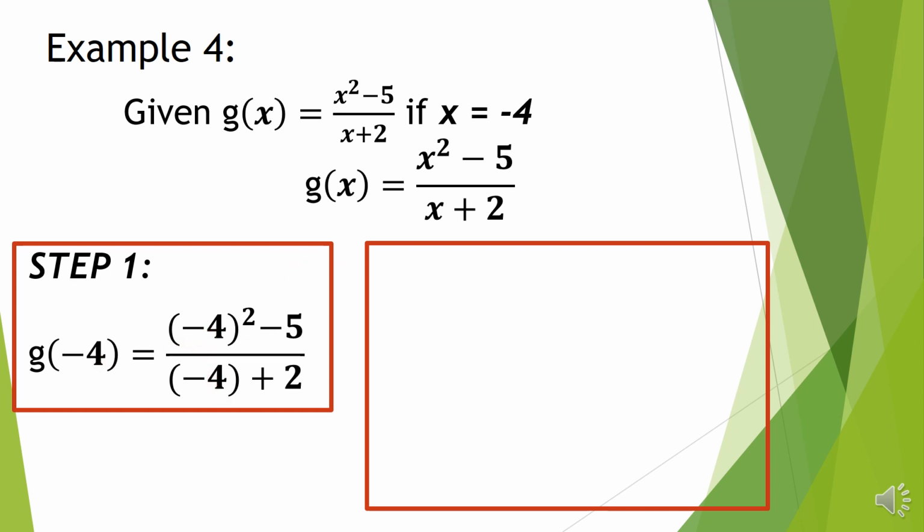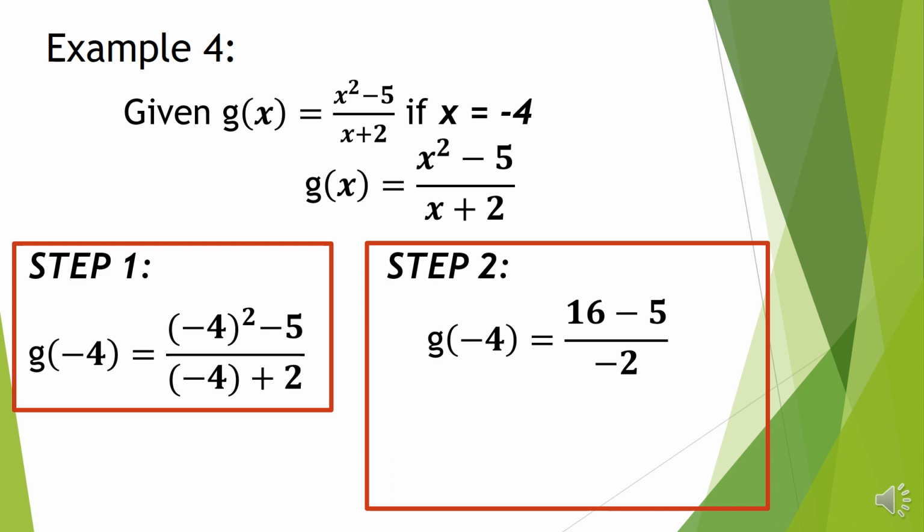Then perform the operations. Step number 2. So g of negative 4 is equal to, since negative 4 squared is 16, it means negative 4 times negative 4 is equal to positive 16. So that's why we have positive 16 minus 5.